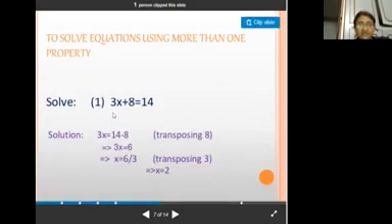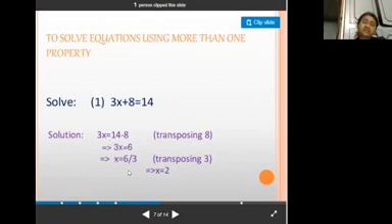To solve an equation using more than one property, like this, we have 3x plus 8 is equal to 14. पहले तो हमें 8 को हटाना है, 8 को हमें दूसरी साइड पे लेके जाना है. ट्रांसपोजिंग 8, जब हम इधर प्लस है तो यहाँ जाके माइनस हो जाएगा. तो 3x is equal to 14 minus 8, that is 3x is equal to 6. जब 3x, ये 3x multiplication की terms में है, when it gets transposed to the other side, it gets divided. क्योंकि multiply changes to divide.